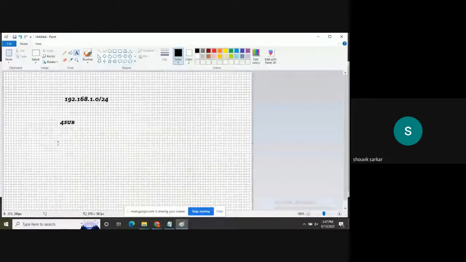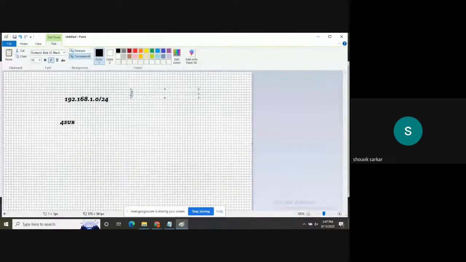Okay, let's explain. Slash 24, that means 32 minus 24, that is 8. So we have a total of 2 to the power 8, 256 computers. We want to make four subnets, so we divide by 4. Each subnet has 64 IP addresses.